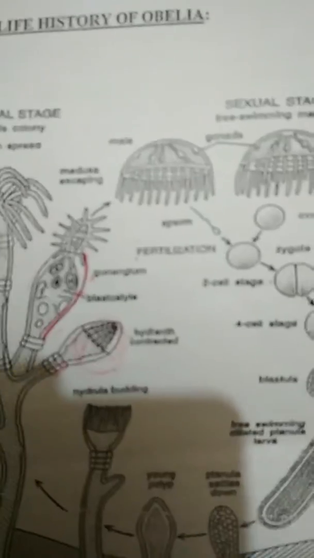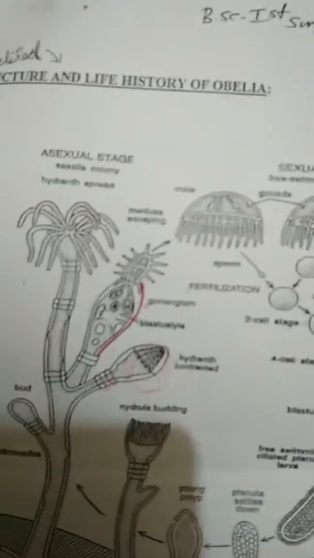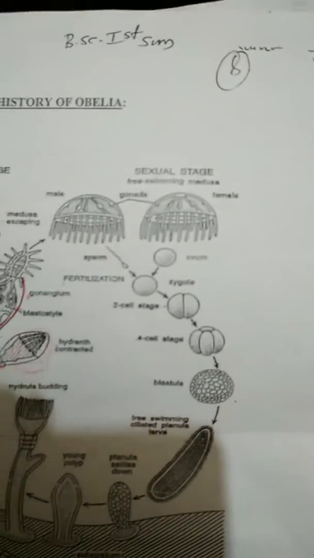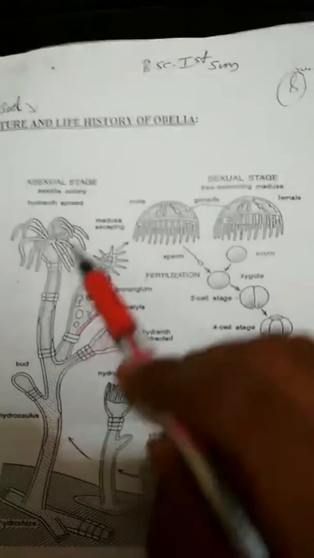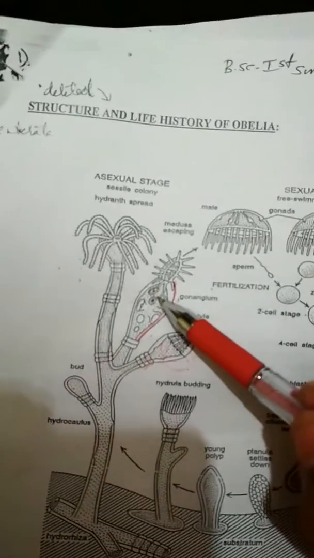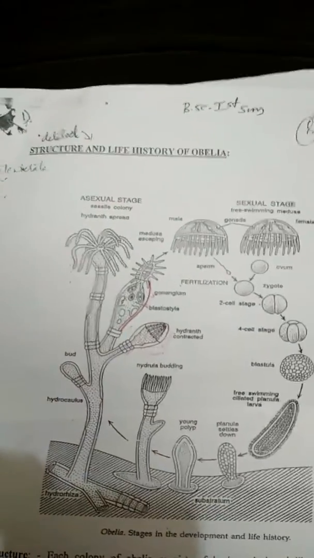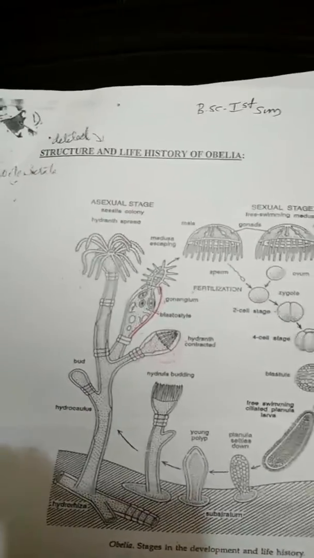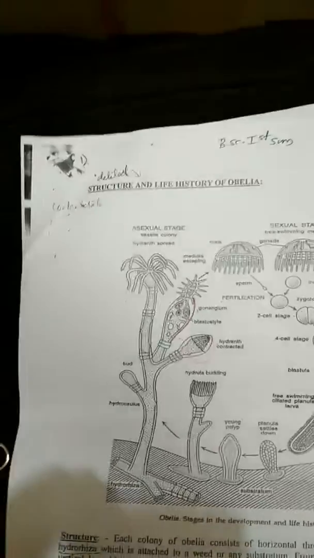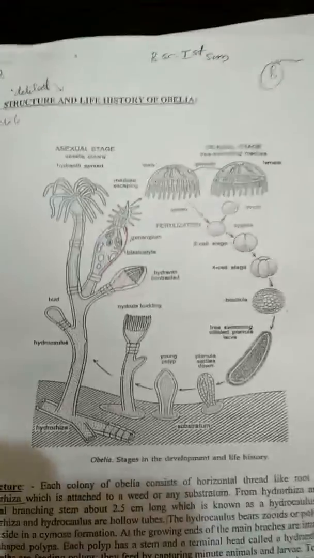If you come here, we have to go through the reproductive structures also. Here we observe all the stages. When the blastostyle gives rise to gamete cells, the parent dies.